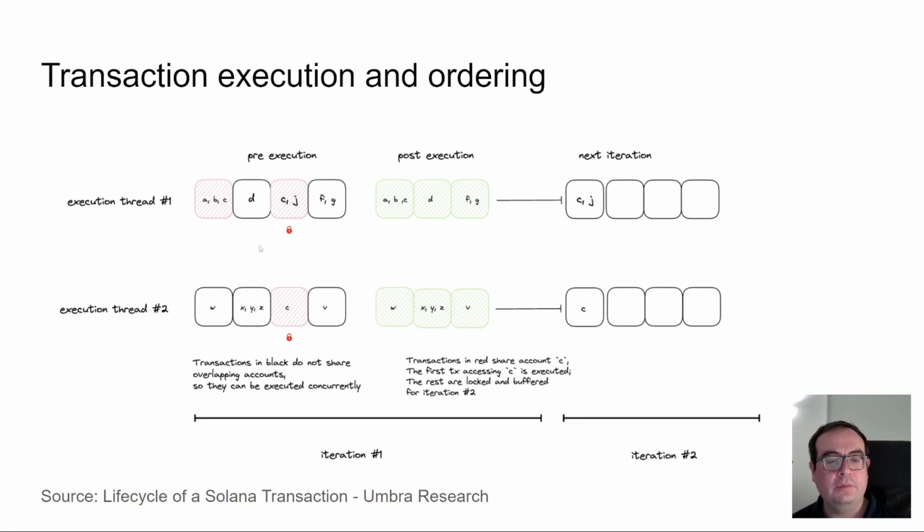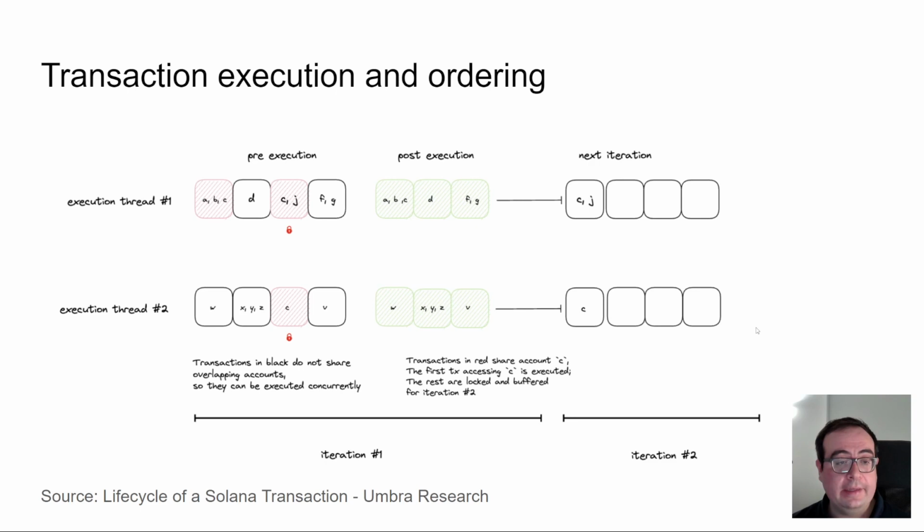So you see from this step to this step that the ones that will be executed are only the ones that are not conflicting. And the conflicting transactions will be processed in the next iteration, assuming of course that there are no further conflicts.